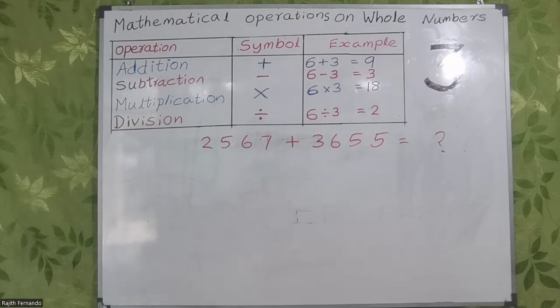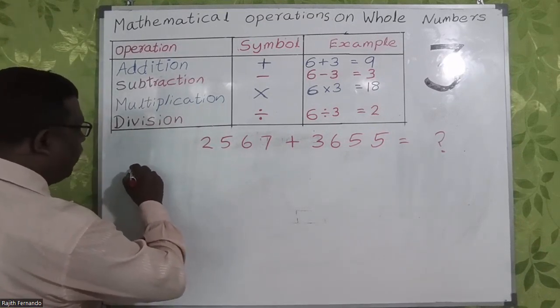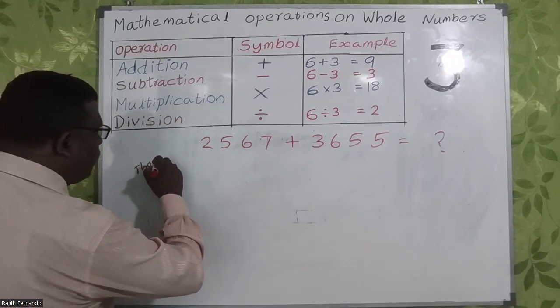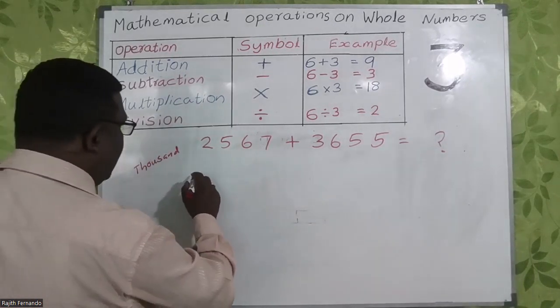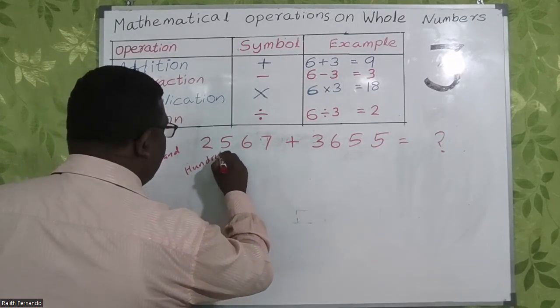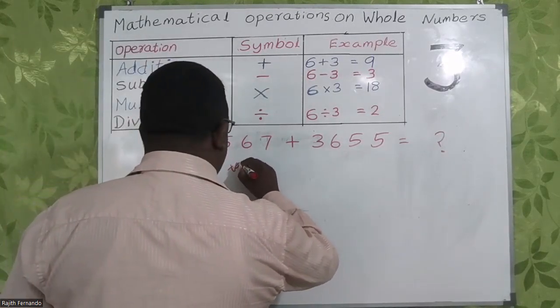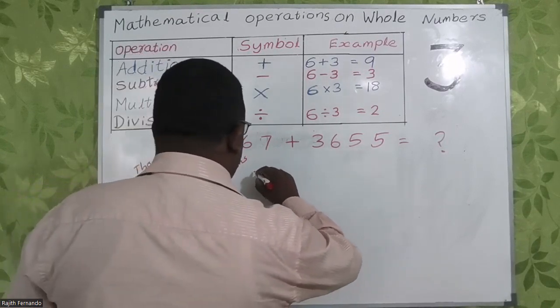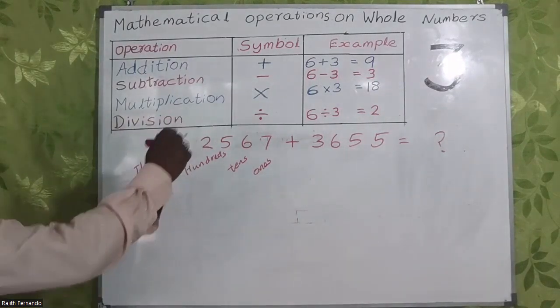That is, you have to write these things in the places. This is the thousands place, this is the hundreds place, this is the tens place, and this is the ones place.